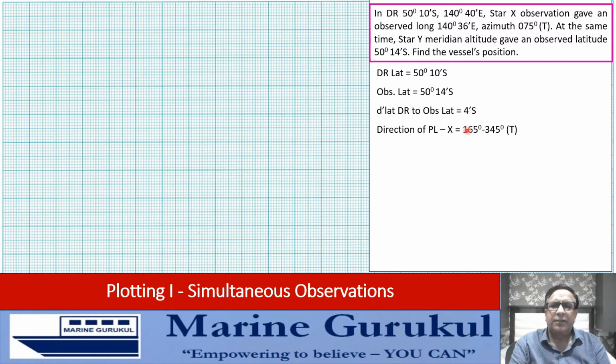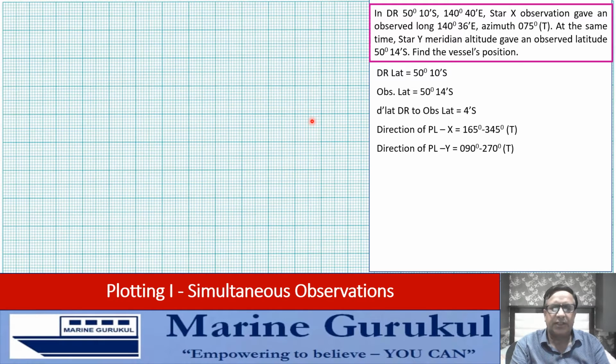Direction of PL of X, as already said, will be perpendicular to the 075 degrees azimuth, so shall be 165 degrees to 345 degrees. Direction of PL of Y shall be east-west, that is 090 degrees to 270 degrees true, being a meridian altitude observation and solved by latitude by meridian altitude.